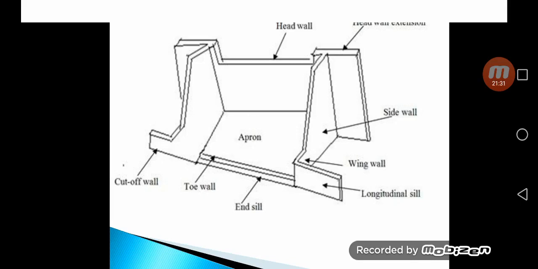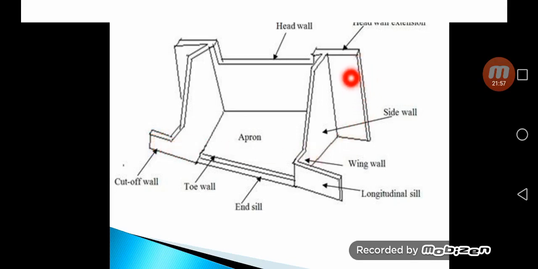Third are the cut-off walls. These are vertical walls extending into the soil foundation under the inlet. After that, the side walls.